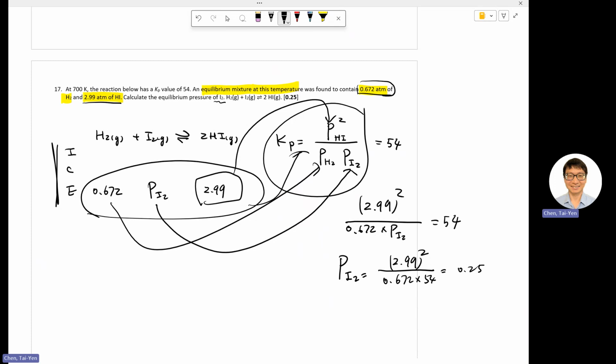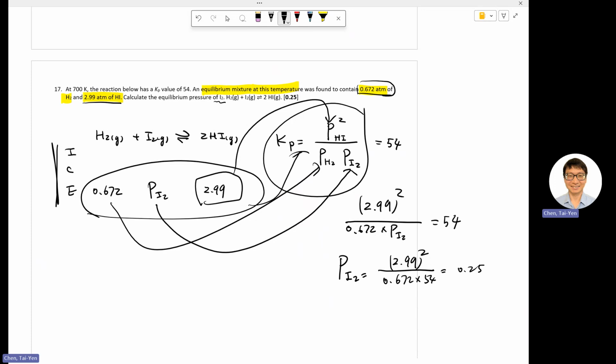The reason I write the ICE table is simply to let you see better where you can position those numbers. Students get confused, right? You always get all different numbers, so when can I apply those numbers to my equation? It's not very clear to many students.